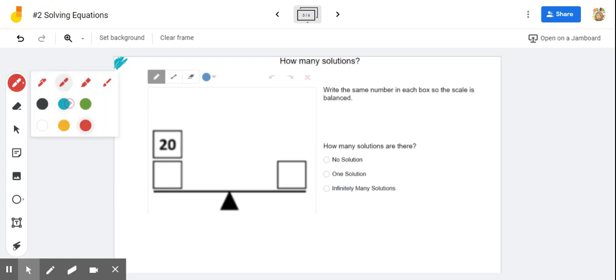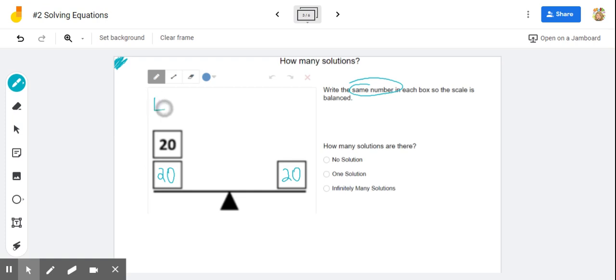All right, here's my last possibility. Based on what we see, we should be writing 20 in all of our boxes to keep the same number in each box. But we run into a problem here, because 40 in comparison to 20 is a lot heavier. That's not equal.